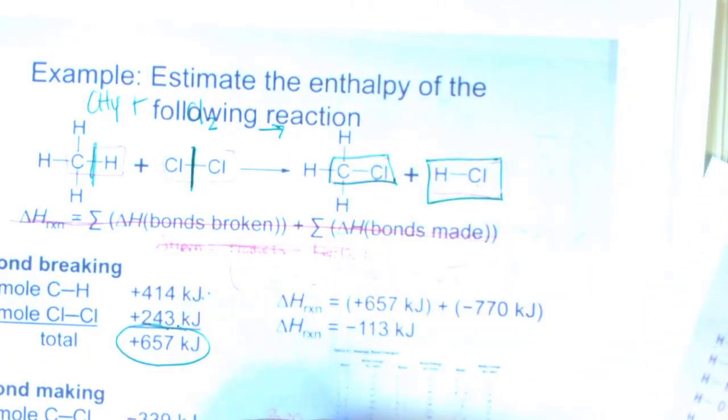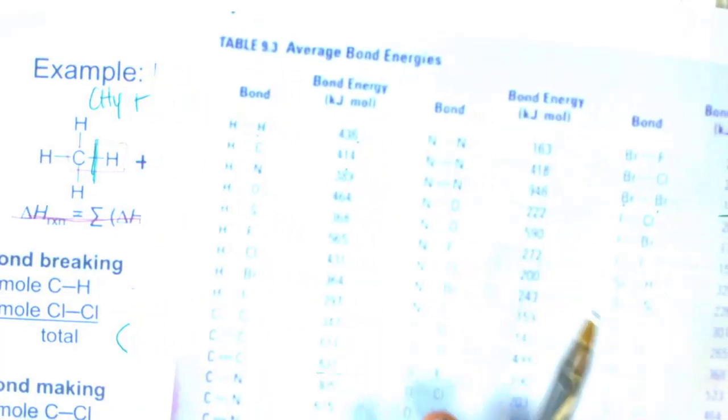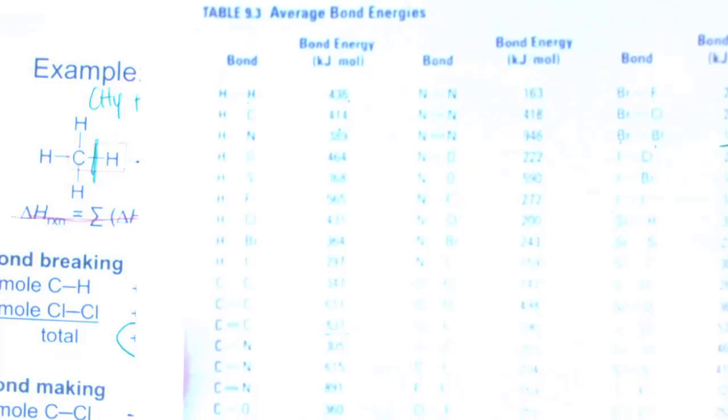again, making those is an exothermic reaction. So 339 kilojoules and 431 kilojoules. And again, I can get that right from here. C-Cl, 339.